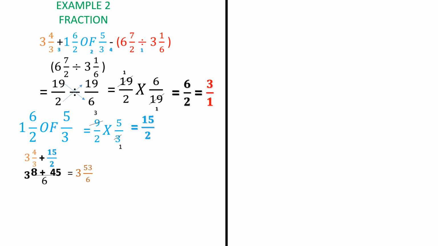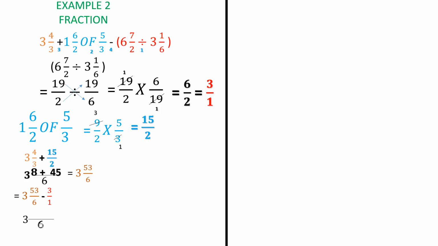So we are going to have 3 whole number 53 over 6, take away 3 all over 1. So there we look for the LCM, we work the whole number as well.